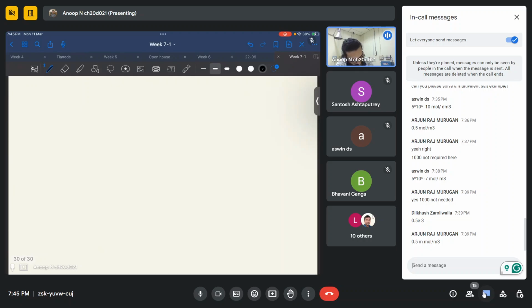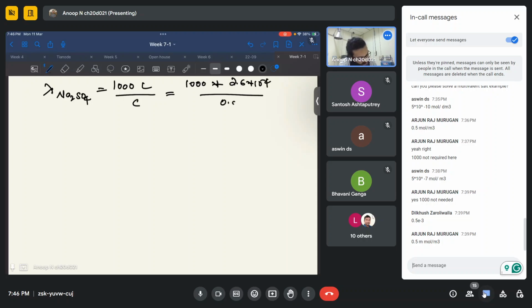So here we can calculate lambda of Na2SO4 is equal to 1000 L by C. C is nothing but the molarity. So 1000 into 2.6 into 10 raised to minus 4 divided by the concentration 0.001, which is equal to 260 Siemens centimeter squared per mole.